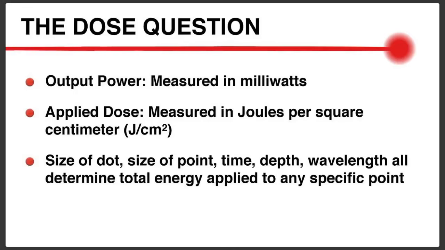We're in milliwatts. The applied dose, when you apply a dose of laser light to the skin, is actually measured in joules per square centimeter. A joule is an amount of energy applied.